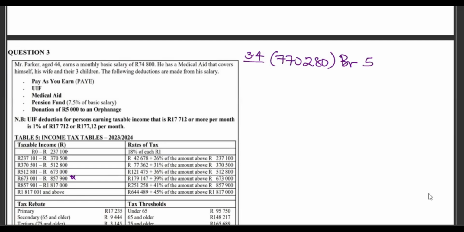We shall use this bracket to calculate. We write it down: 179,147 plus 0.39 times, open the brackets, the money that he earns minus the money that is already there, which is 673,000.